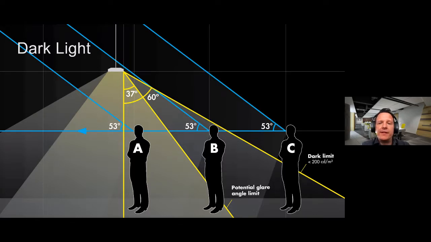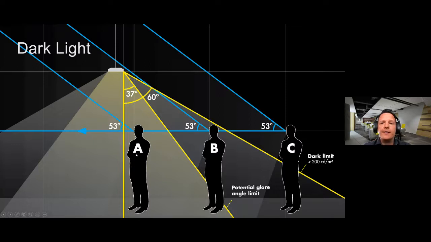The light source is not visible. To make sure glare is not an issue, the light source can be seen in the field of vision 53 degree upwards. But no significant light intensities can appear above 30 to 37 degree potential glare angle. So this area. So what does it mean in concrete?